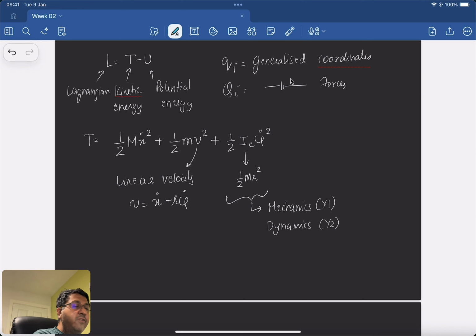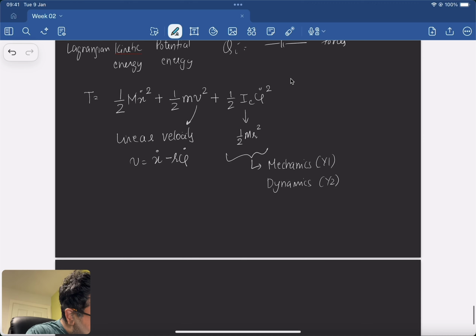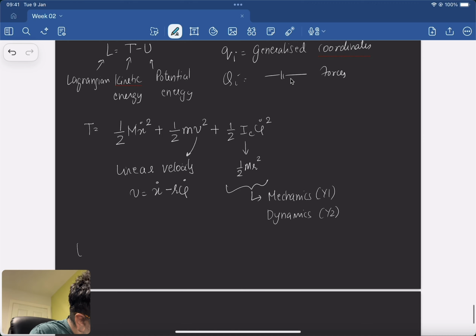That gives us the linear velocity of the center of mass of the rotating mass on top. Okay, so now we have written our kinetic energy. Similarly, we can write our potential energy from the springs. One spring is reasonably straightforward: half k into x square.